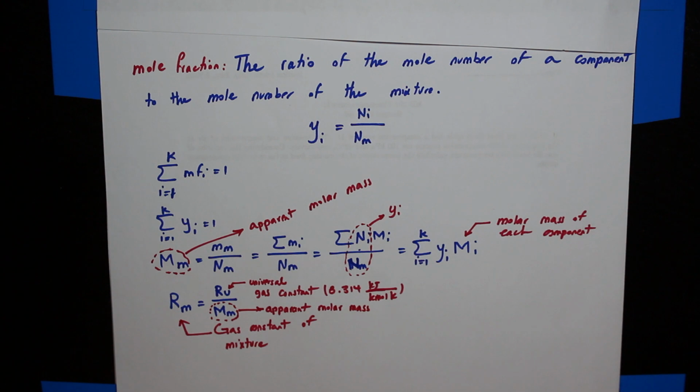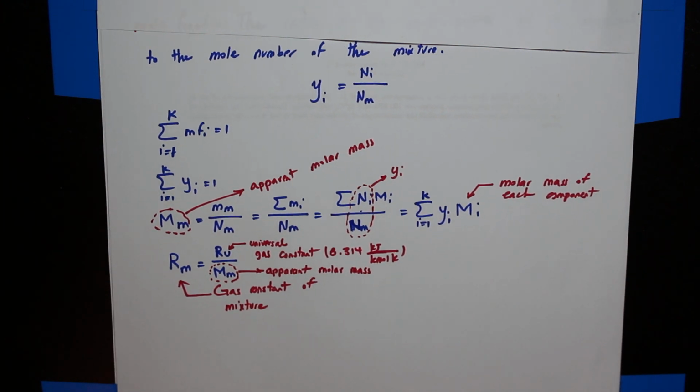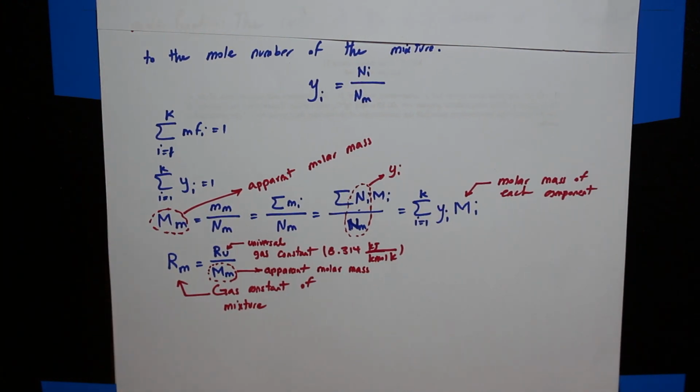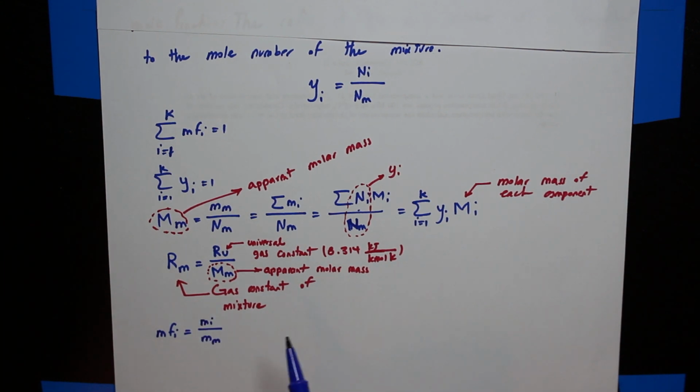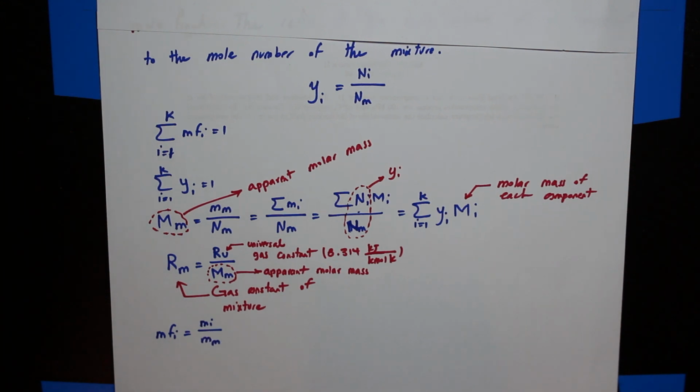Okay. So the other definition that we have basically correlates mass with the ratio of the molar mass. Let's say I start with the mass fraction, which is m_i over m_m. Once again, m_i is the mass of component i, and m_m is the mass of the mixture. Now I can write this mass based on the number of moles multiplied by the molar mass.